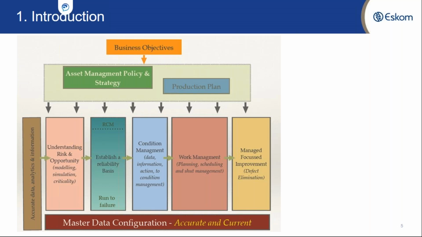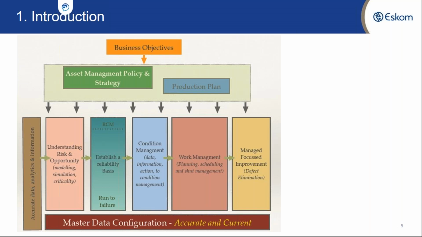And there are various approaches that can be used to actually understand the risks and opportunities. Those can be modeling, simulation, and criticality analysis as well, to identify where your critical assets are. Then once you have done the understanding of risks and opportunities, you move over to establishing your reliability basis.